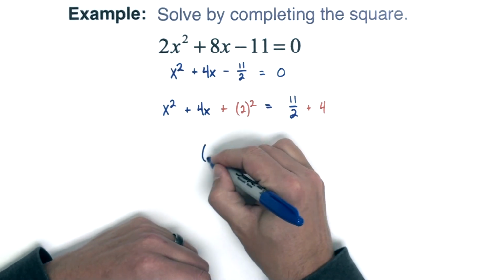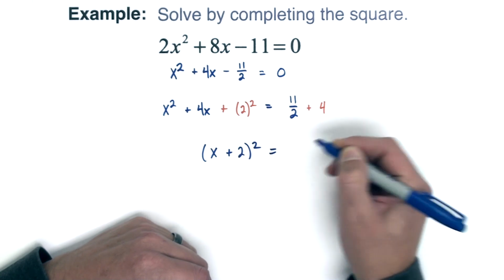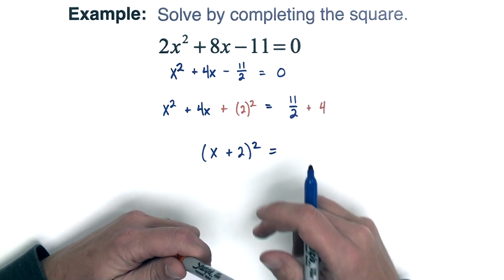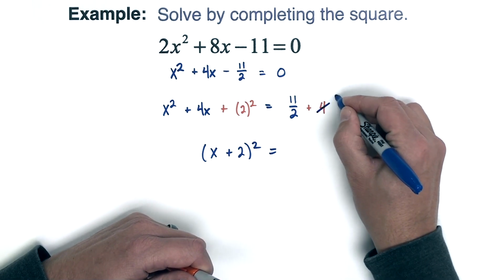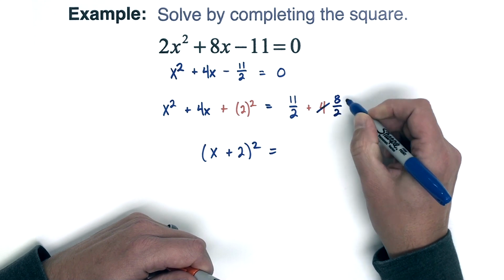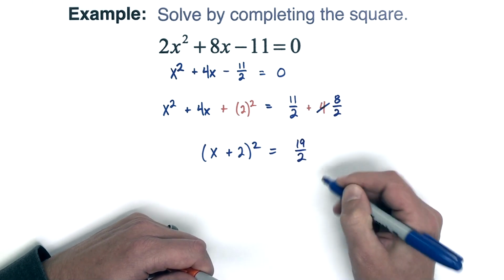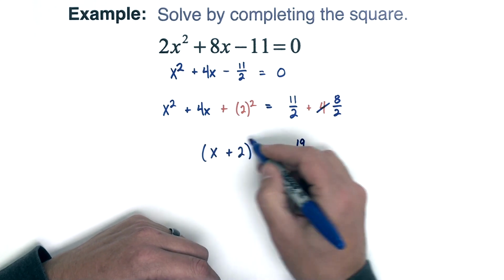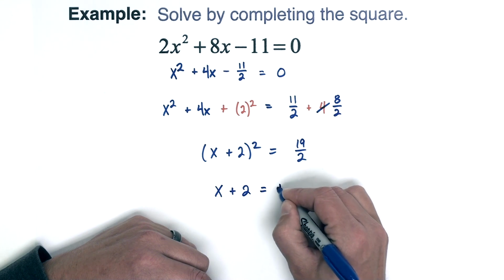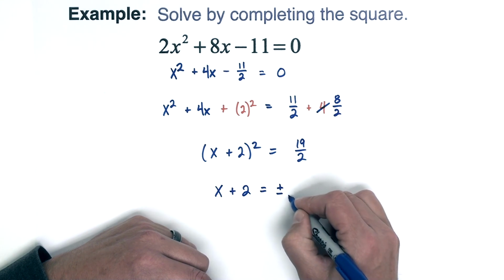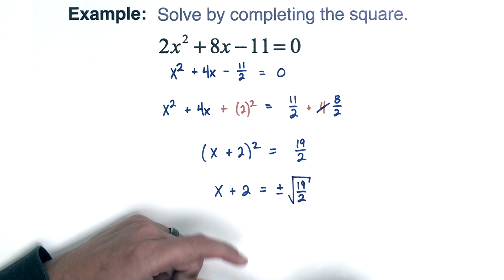This is going to factor x plus 2, quantity squared, equals, and now I need to add these together. Well, 4 is the same as 8 over 2, and I can add 11 and 8 now to get 19 over 2. Next, we're going to take the square root of both sides, so x plus 2 equals plus or minus the square root of 19 over 2.